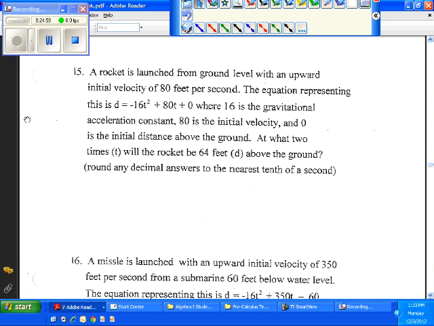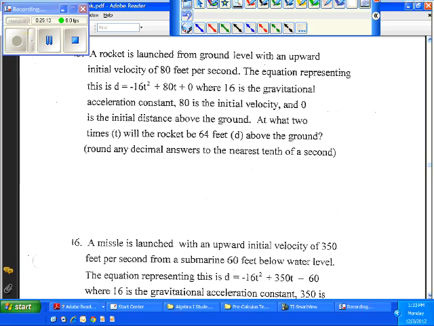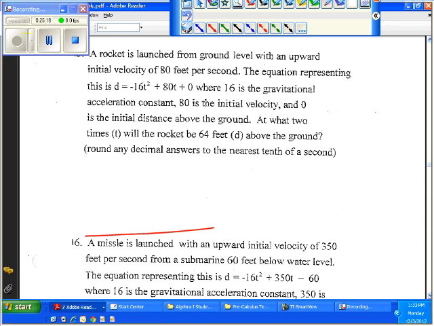Now we're going to get to some word problems, and let me explain, because you're in pre-calculus and you've probably dealt with physics. Are y'all in physics? Okay, have y'all dealt with the gravitational acceleration constant yet? Okay, so this is what we're dealing with a little bit.